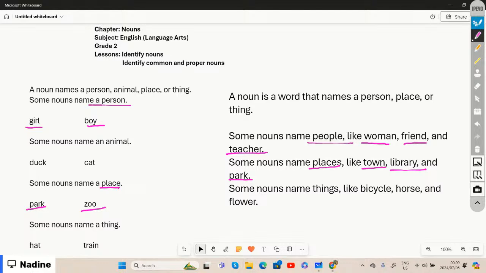And then we have some of our nouns that name things, right? So it can be things, it can be animals, right? So it is like your bicycles, horses, flowers, cat, duck, hat, train. Those are nouns that either name people, places, things, or animals, right?